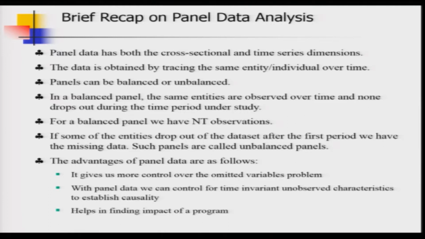But if you have a pooled data set where some of the entities or individuals drop out of the data set after the first period, then that will lead to a missing data problem, and such panels are called unbalanced panels. In an unbalanced panel the number of observations is generally less than capital N times T.